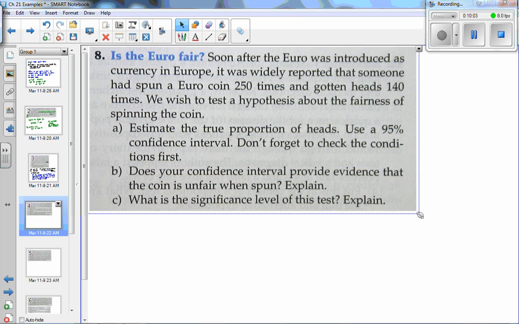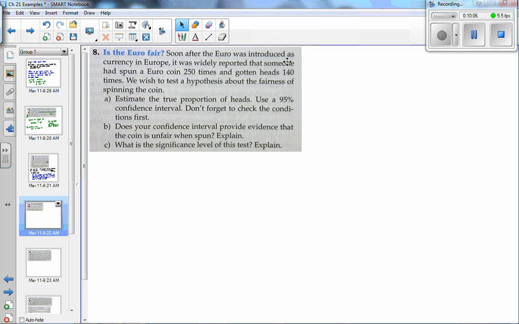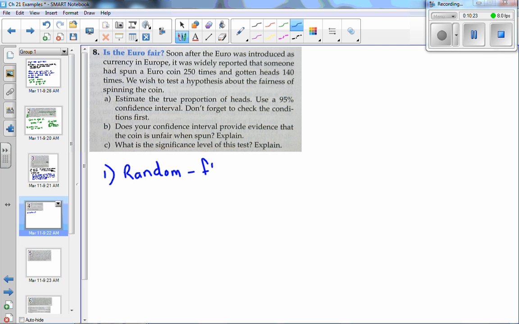I think I'm going to make this a little bit smaller here. So for our conditions, we've got randomness, and we're flipping a coin. Since we're flipping a coin, we can treat each flip as a random outcome, either heads or tails.